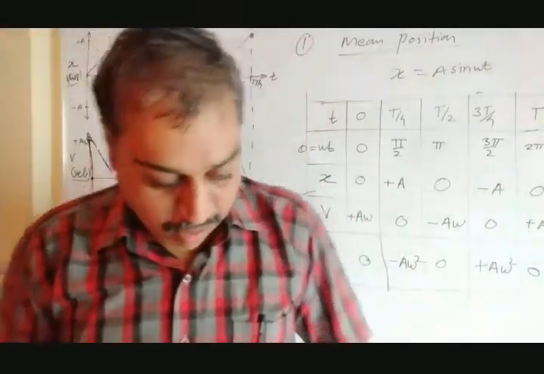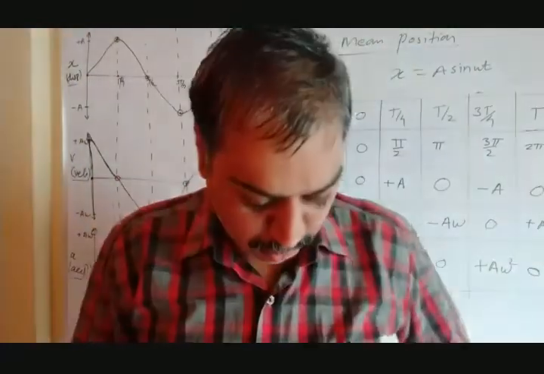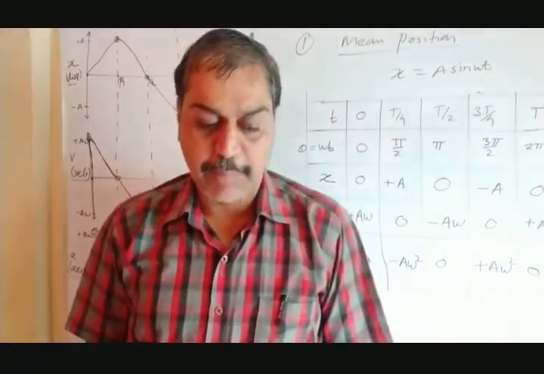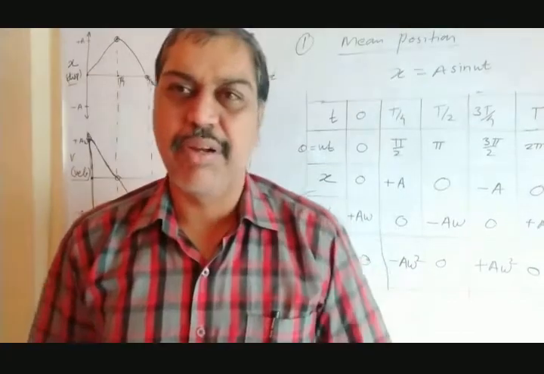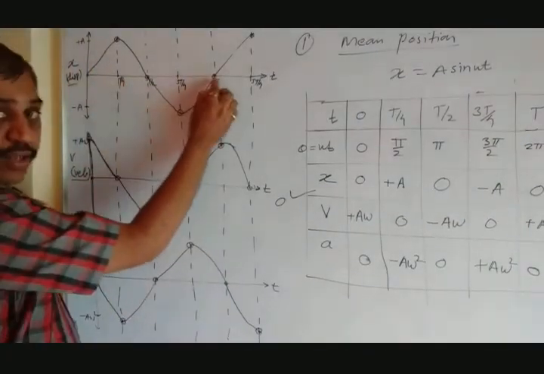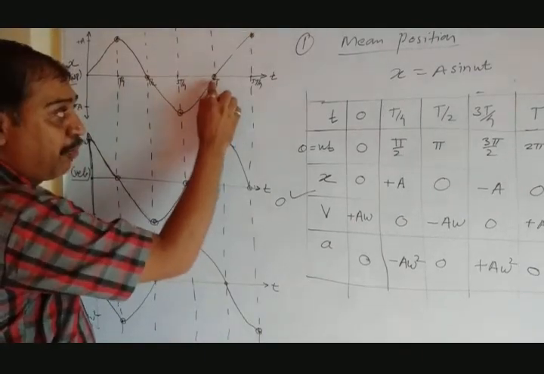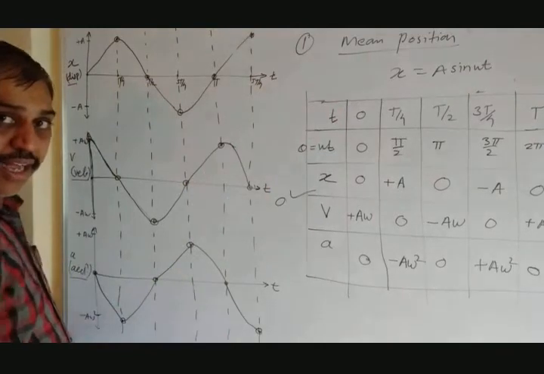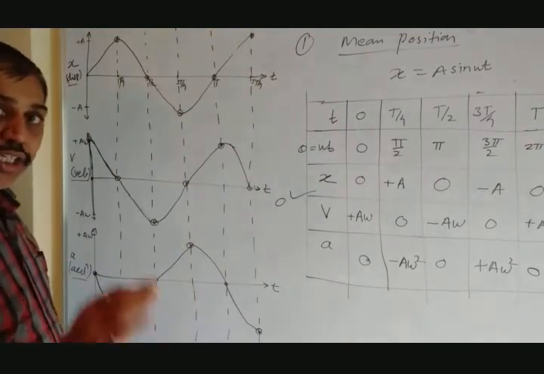Okay, and in all this, just look at the book. According to the book, displacement, velocity, and acceleration are periodic functions of time. Yes, definitely, because these waves repeat themselves. See, start here, complete it here, again start at the same point. Again, the structure is the same for the next. So it is periodic, repeated again and again with the same structure, changing with time.